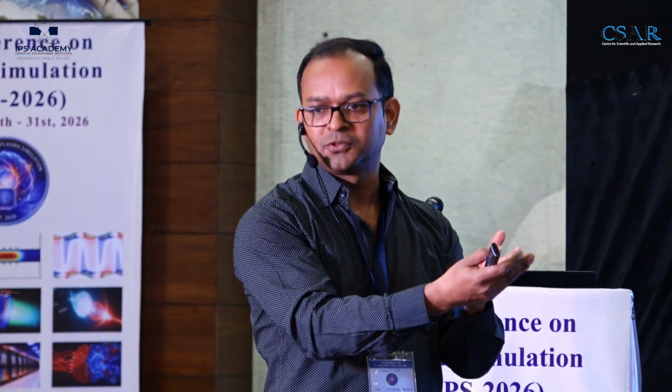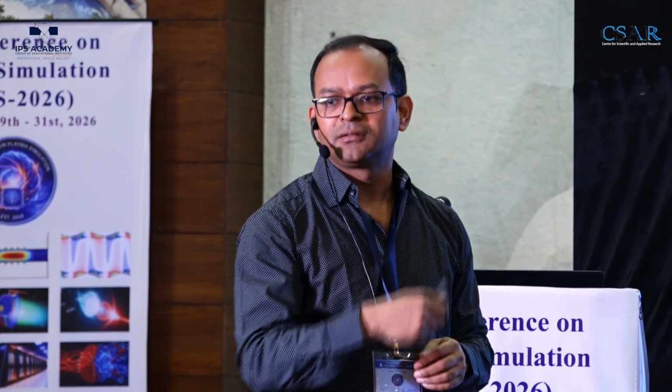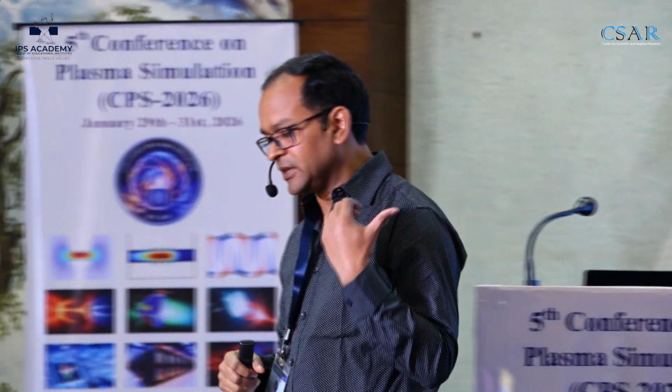So in the RIT regime we saw the optimum results. Electrons can go, and the laser is also passing through, so the acceleration is better. That is, I think, one of the reasons we have the highest cutoff energy with a thin wall.